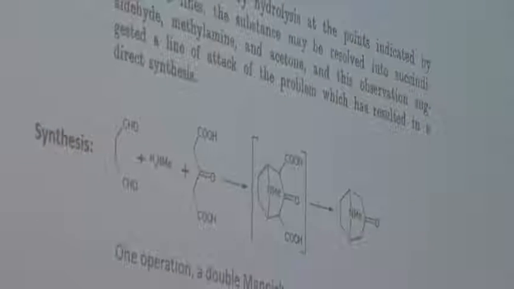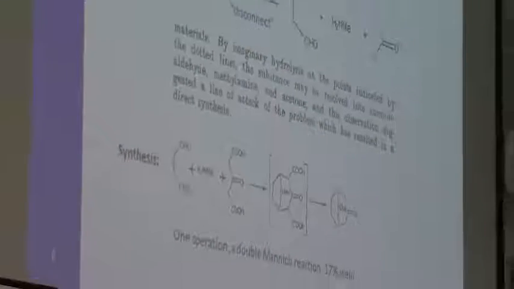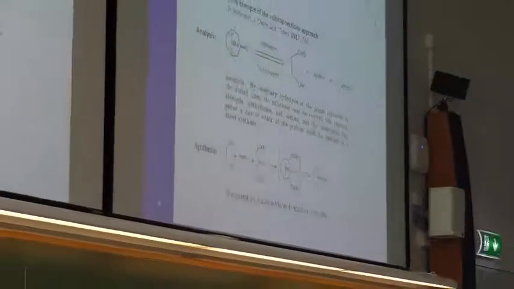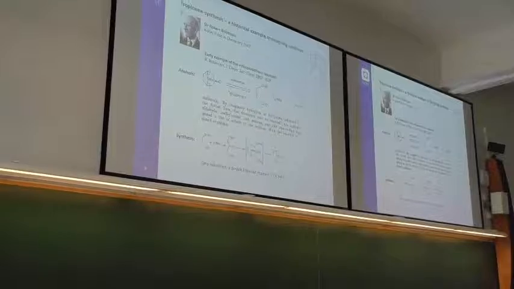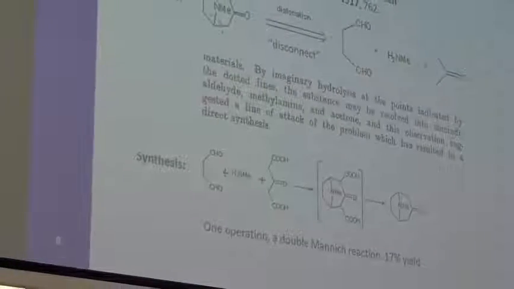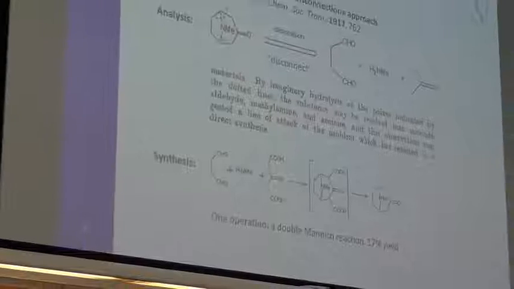The analysis of this synthesis is dictated primarily by the structure of the target molecule, not by consideration of possible starting materials, and is therefore regarded as an early example of what nowadays is called the disconnection approach or retrosynthetic approach to synthesis planning.